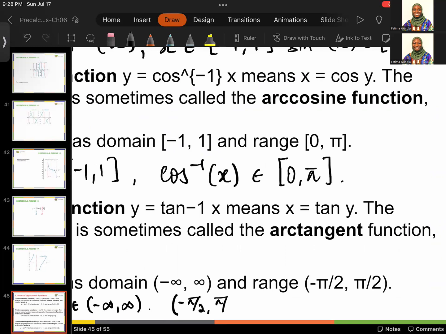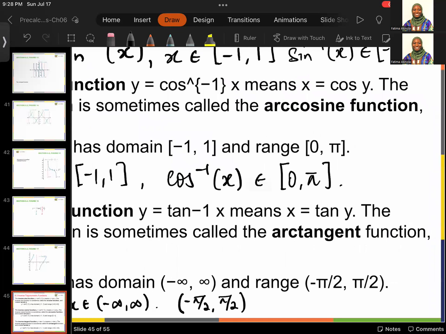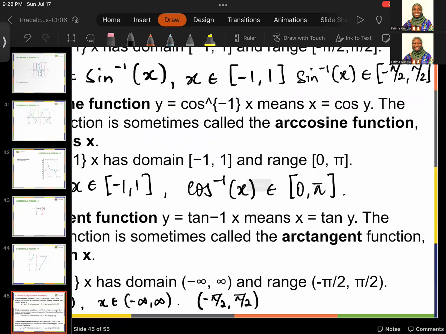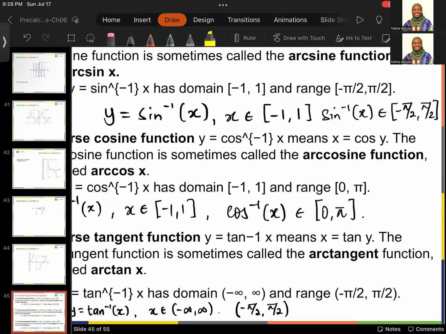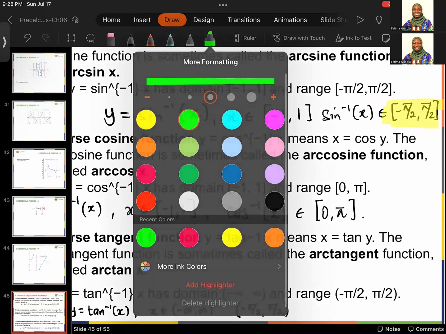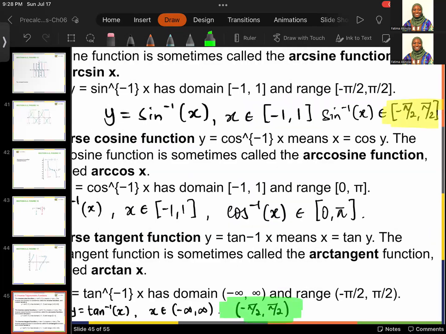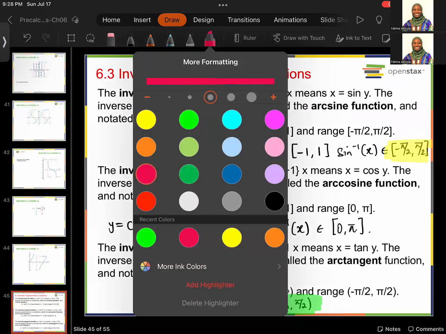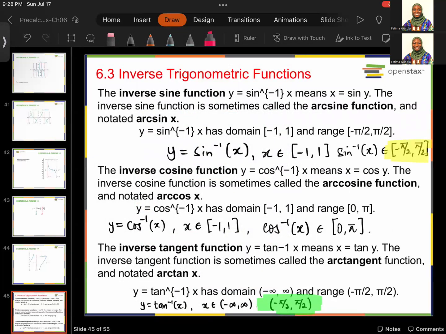So the difference here is that for sine and cosine the end values are included, for tangent they are not. Again, this page is extremely important. You need to know the domain of the inverse sine function, the inverse cosine function, and the inverse tangent function.